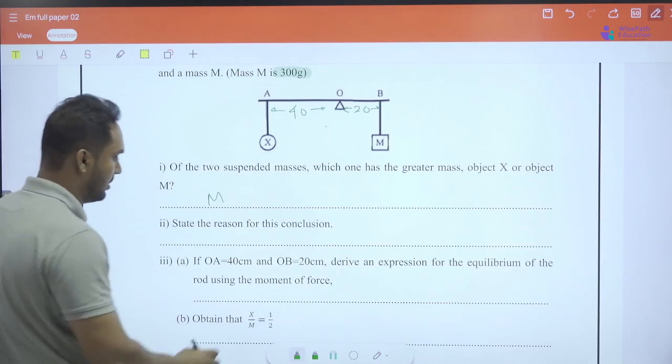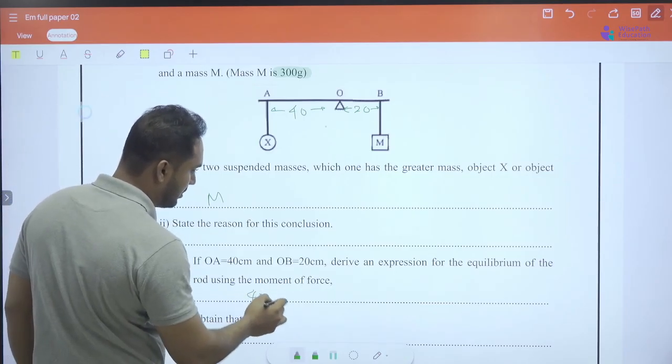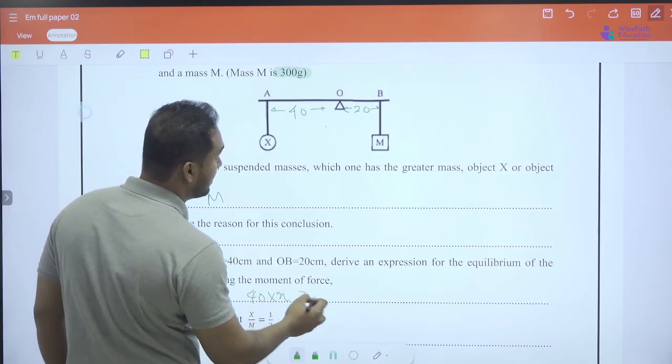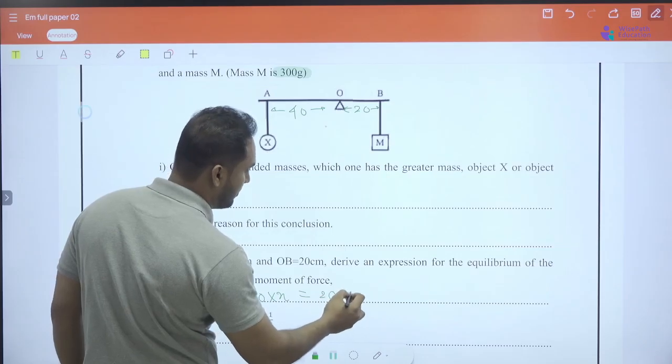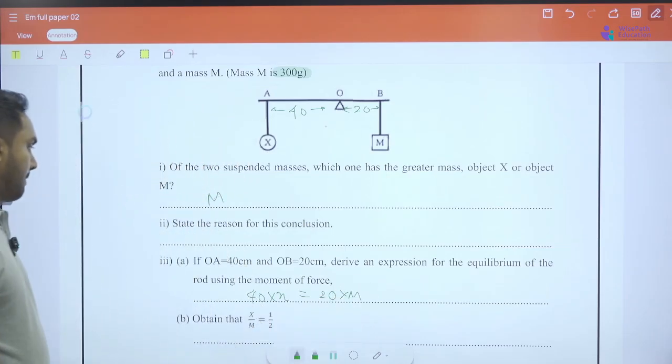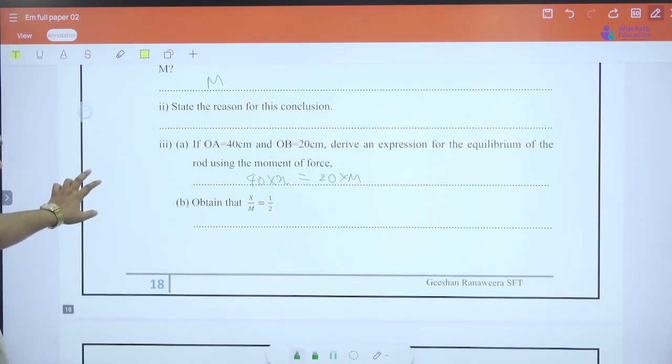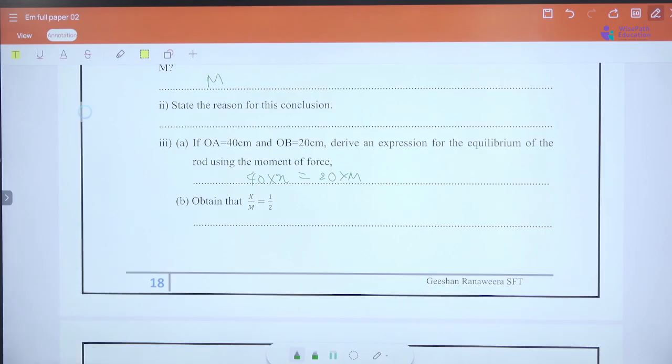That will be 40 into x equals 20 into m. Obtain that x over m equals half.